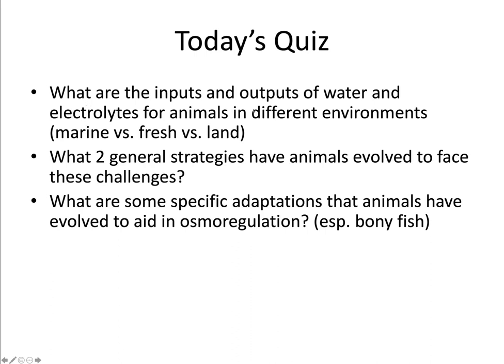Number one, what are the inputs and outputs of water and electrolytes for animals in different environments, whether marine, freshwater, or land? Number two, what two general strategies have animals evolved to face these challenges? Lastly, what are some of the specific adaptations that animals have evolved to aid in osmoregulation? We'll especially learn about them in bony fish, in freshwater and saltwater environments.